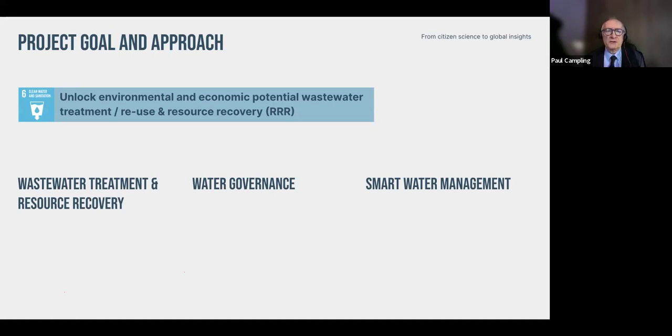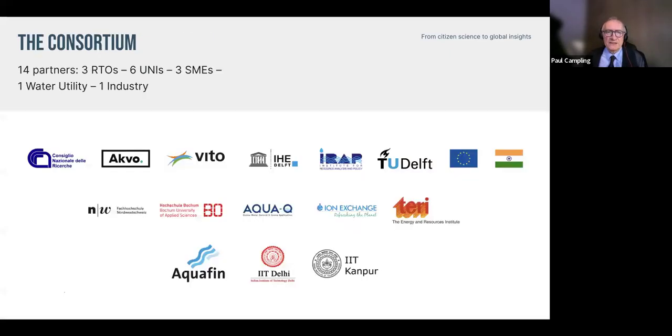And then the third domain is water governance, which is looking at the socioeconomic aspects of wastewater treatment and reuse.